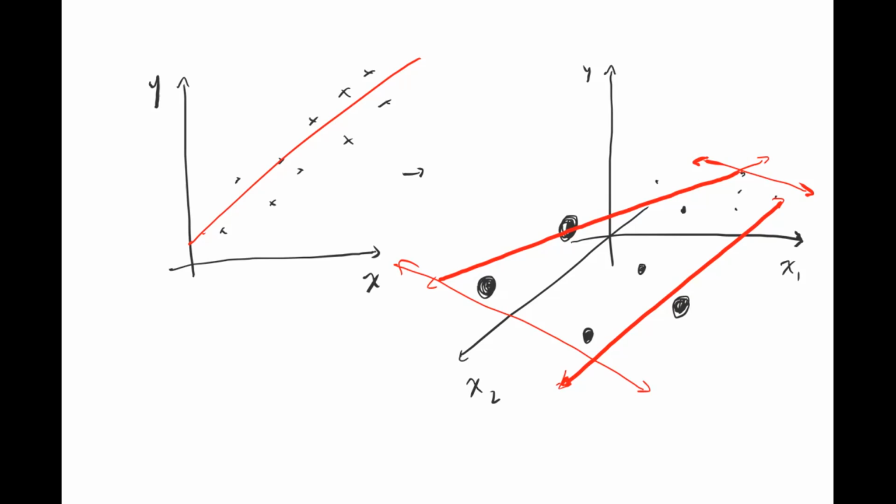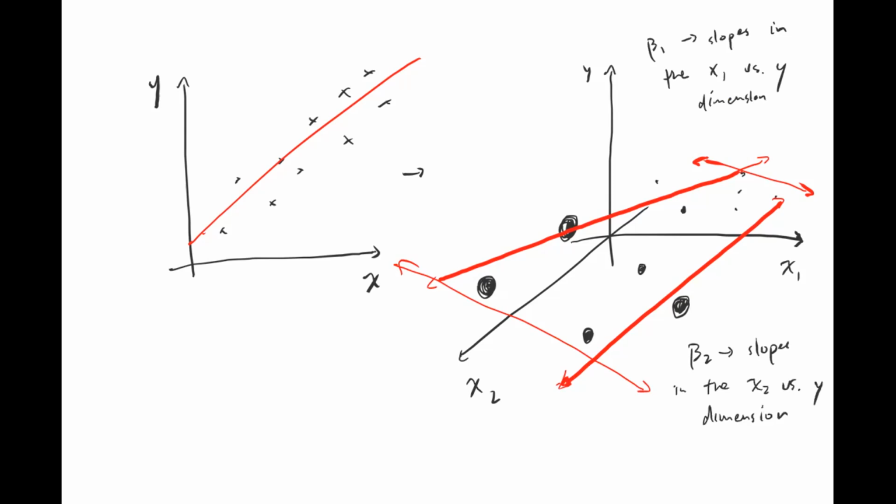So you'll have a beta 1, which is the slope in the x1 versus y dimension, and then a beta 2, which is the slope in the x2 versus y dimension. All right.